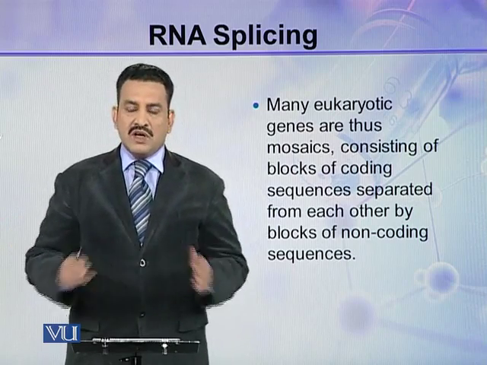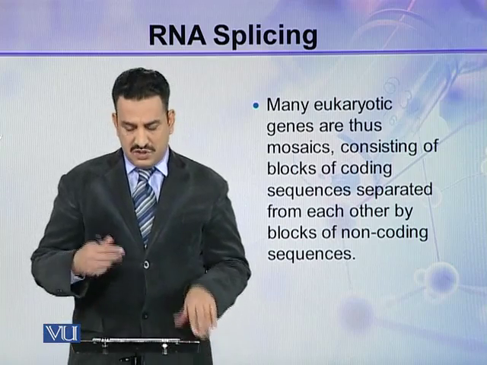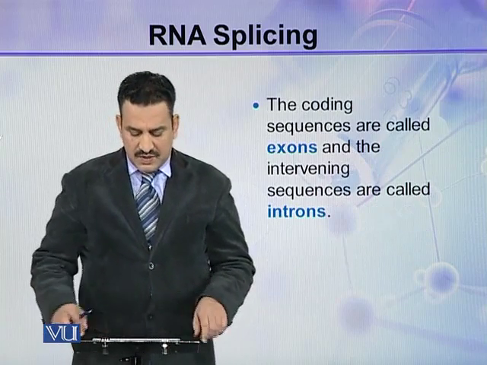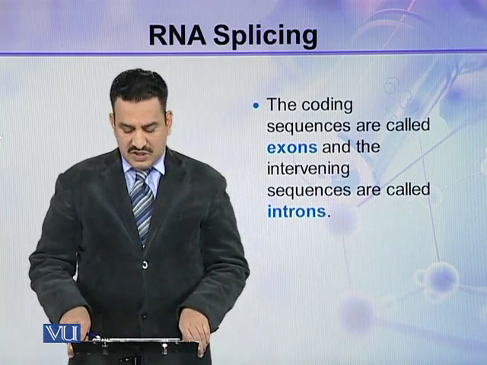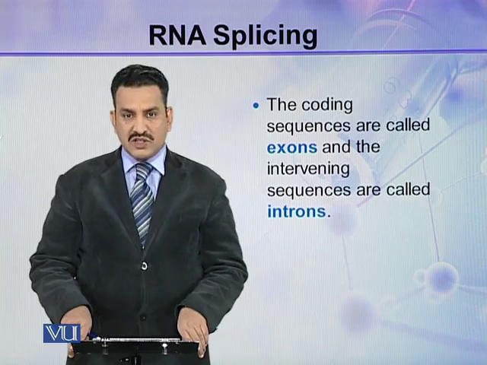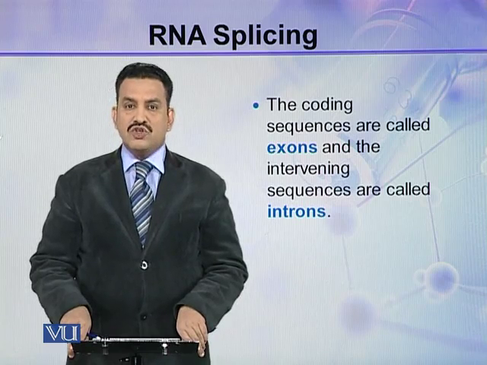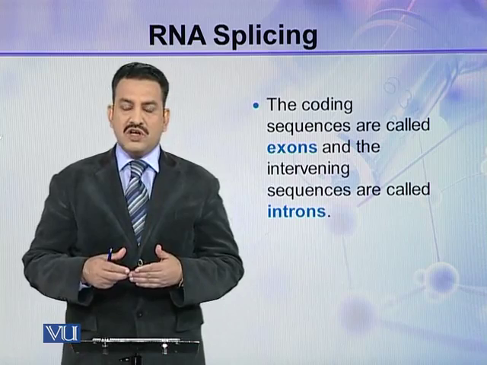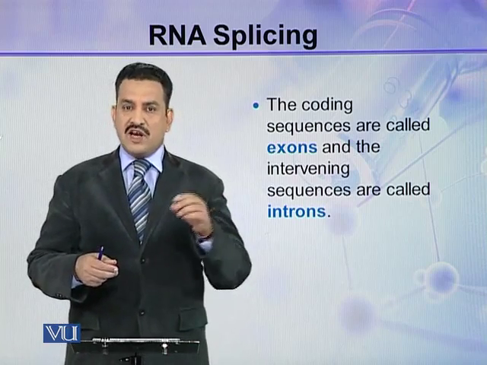The coding sequences are called exons, and the non-coding or intervening sequences are called introns. So a gene is composed of exons and introns.